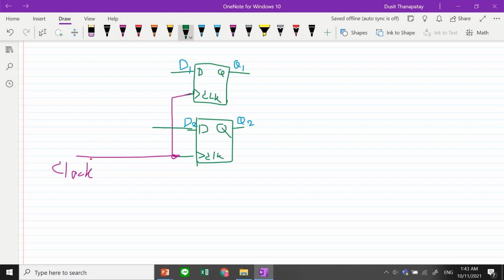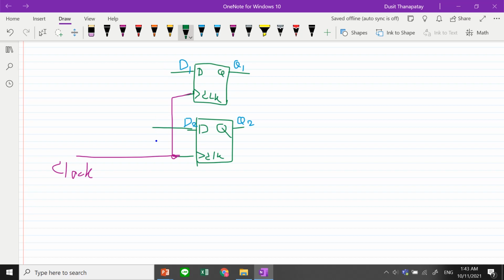So if we want the value of Q1, Q2, for example, to be 1, 1, that means the circuit must get the value 1, 1 from D1, D2, right?